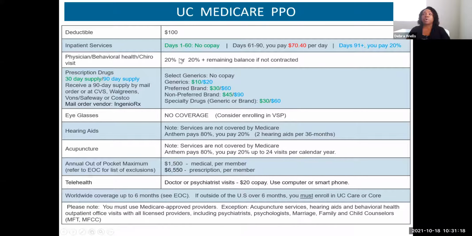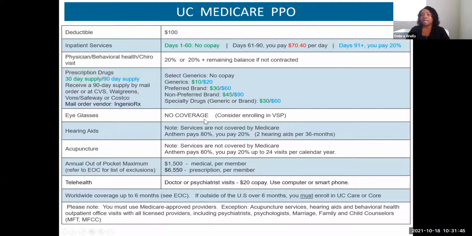You could pay more than 20% if you choose a non-participating provider. So keep that in mind. You want to make sure that you select Medicare providers, and to pay the lesser amount out of pocket, make sure that you select an Anthem contracted provider as well. Your prescription drug coverage is listed here.